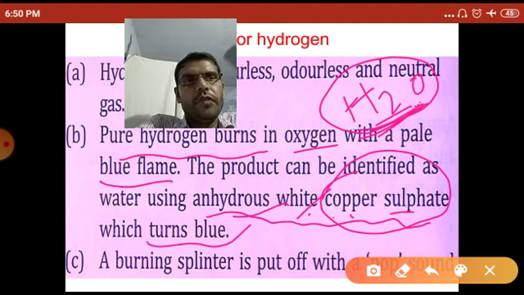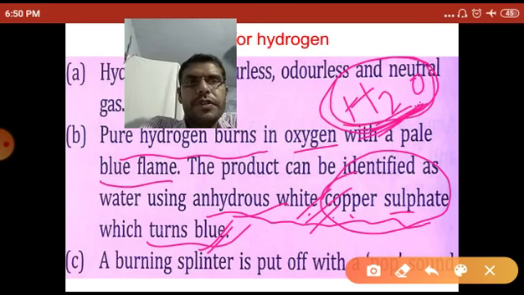It proves that water molecules are produced during the burning of pure hydrogen in oxygen.